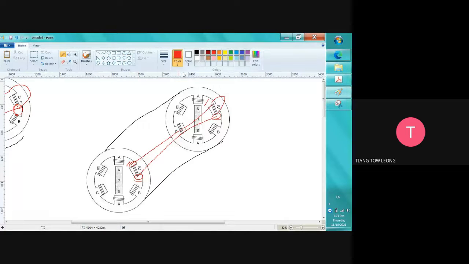Maybe this is 1 coil. Another one, because here there is one separated as well, so I coil another one here, go in, then go to the back, and come out like this. So we can see that this is 2 layer. This is called 2 layer.